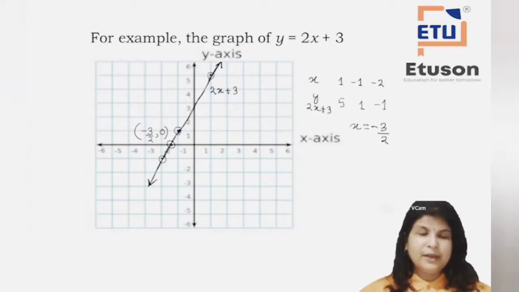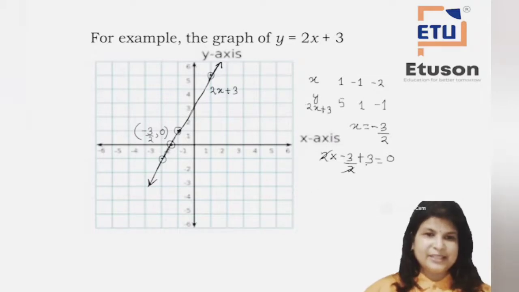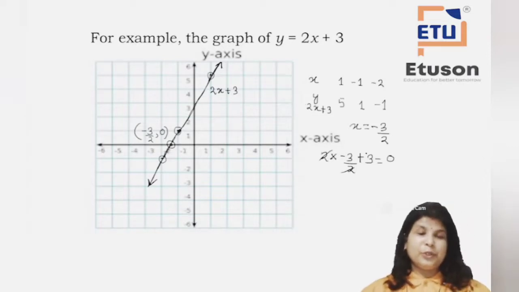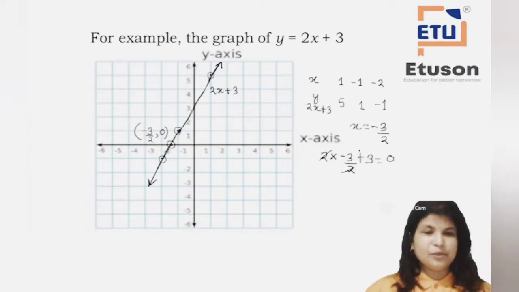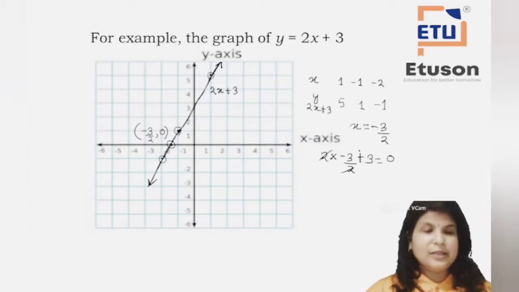So for this value of x, your y is equal to 0. You want to check it? Just check it: 2 into minus 3 by 2 plus 3. Is it not equal to 0? It is. So from the graph also you can tell the point at which the polynomial is becoming 0. Correct or not? Okay.